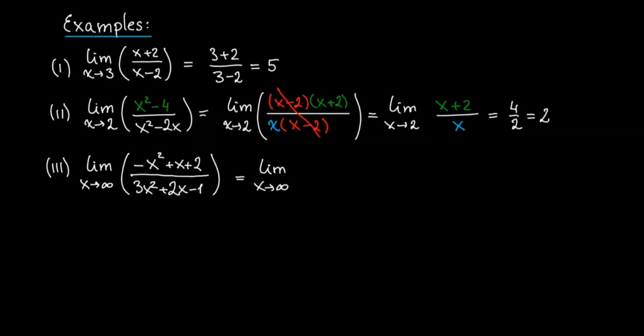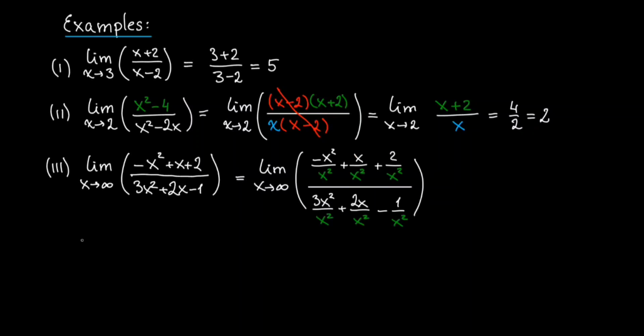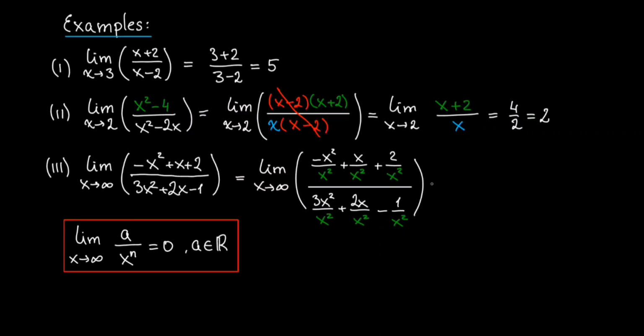This would be dividing every single term by x to the greatest power, in this case, the power 2. We do this because of a simple fact about limits as x approaches infinity. If we are asked to evaluate the limit as x approaches infinity of any number divided by x to any power, this limit will always be equal to 0.